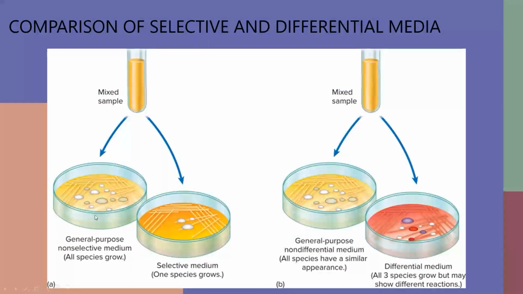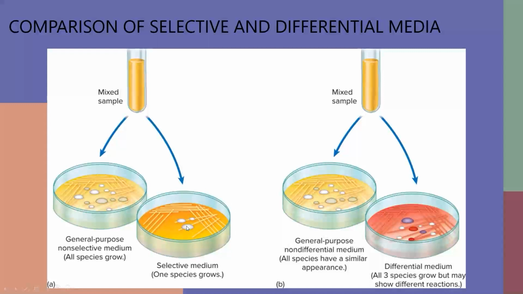Okay, so again, to reiterate, we have our mixed samples up here. If we put the mixed sample that has multiple types of bacteria in it, we want to know what's in there. If we put it on a general purpose media, everything's going to grow. They're all going to look vaguely the same. But if we put that on a selective media, for maybe we're looking, can it ferment lactose?